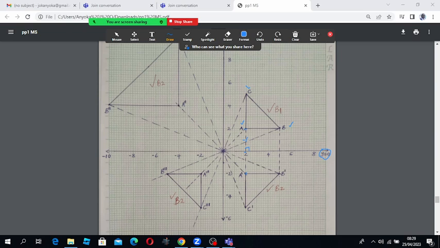Demonstrate C to the mirror line, 5 boxes on the other side. Then you complete this figure. After you complete, you have C prime, B prime, and A prime. You get 2 marks for doing the transformation and drawing the complete figure. The other mark will be stating the coordinates.